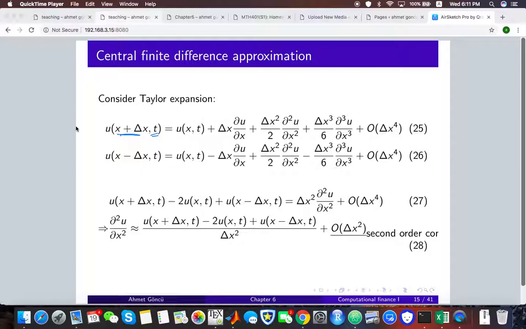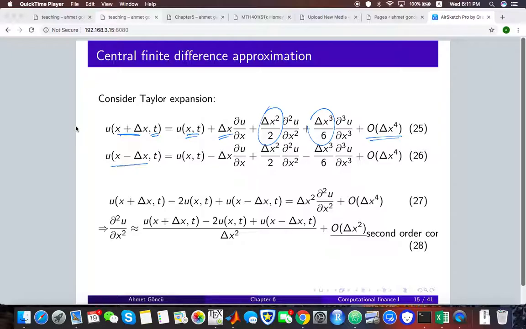This is just like the forward time step, but this is a forward space step. We are evaluating the right-hand side of the Taylor expansion at the point x and t. So we have delta x squared over 2, delta x cubed over 6, etc. The remainder is now big O delta x to the 4.